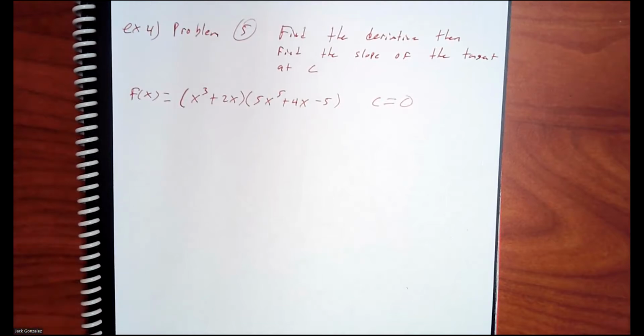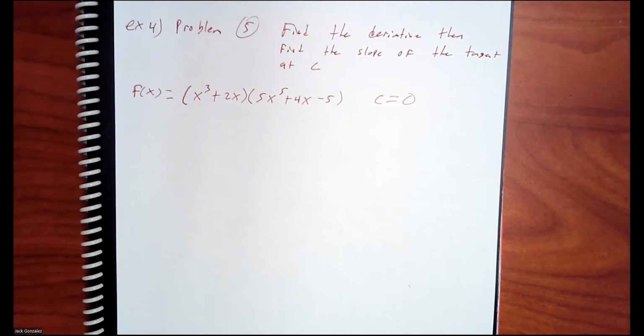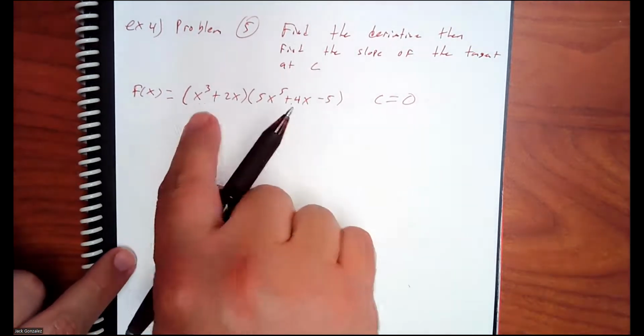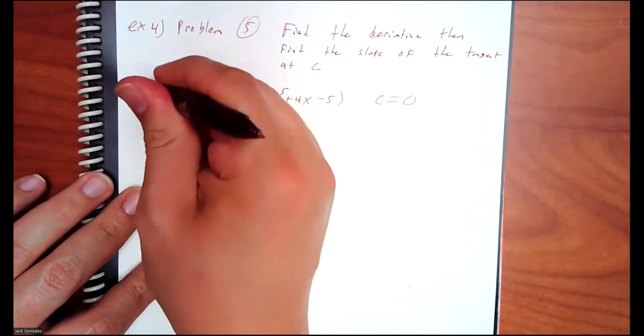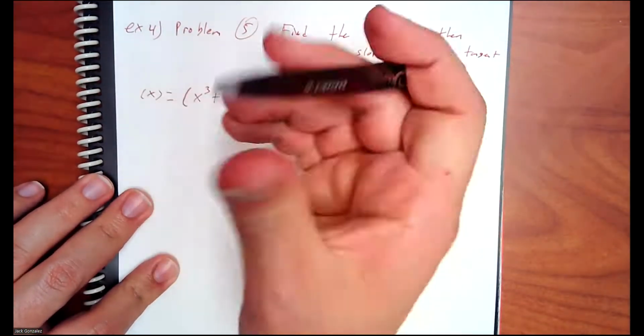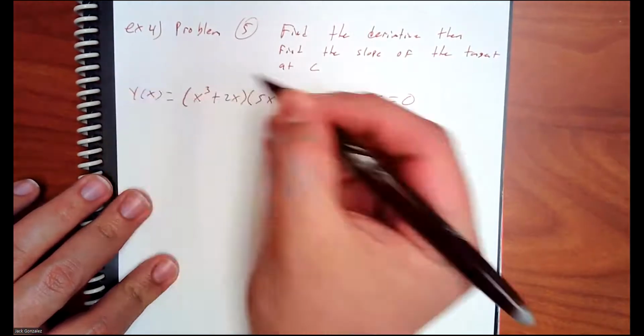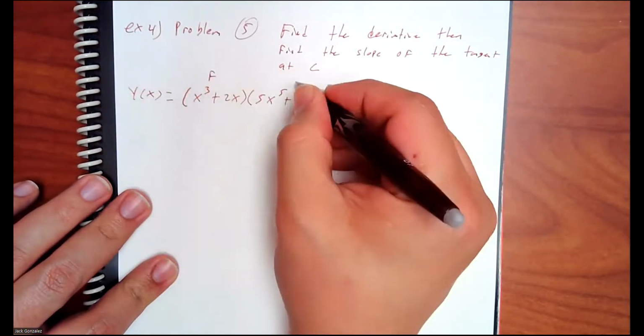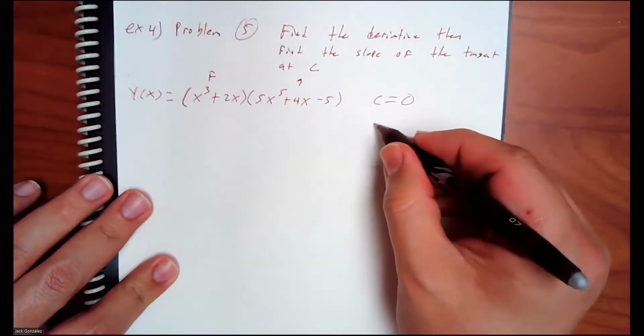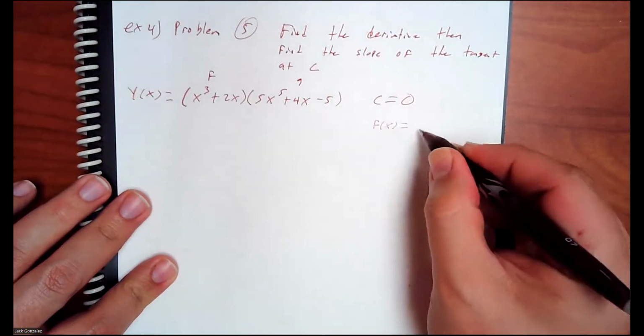Okay, so I'm going to rename it to y because I want to call this f and g just to remain consistent. Not that it matters. So this is my f and my g. So f is this guy.